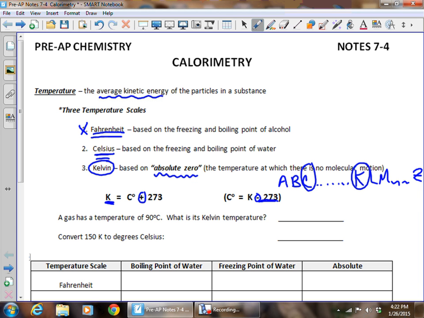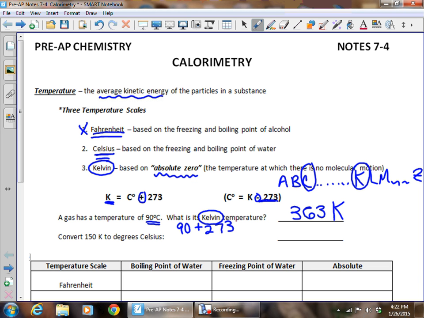So if we have a gas that has a temperature of 90 degrees Celsius, what's the Kelvin temperature? Well, if we know that Kelvin must be a bigger value than Celsius, then we know that we need to add that 273 and get 363. And notice something, kelvins. It's not degrees Kelvin. Don't put a degree symbol with that. It's not correct.